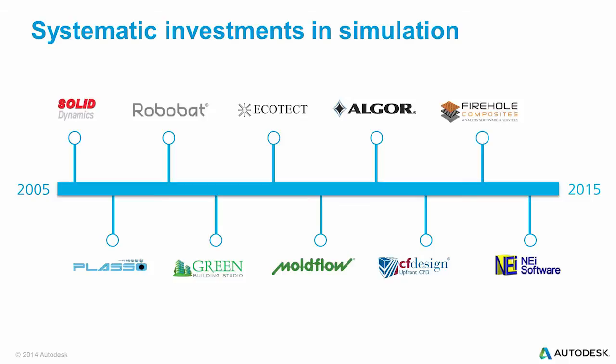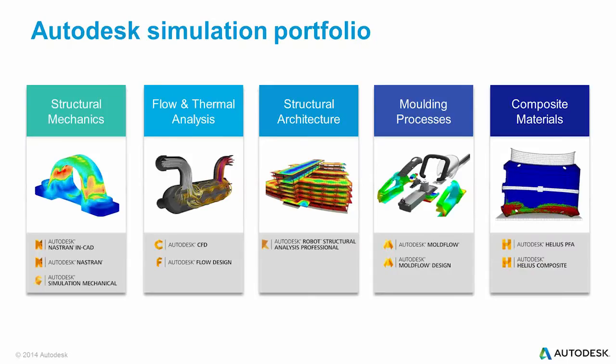Since then we've acquired companies like Algor, which is now the Simulation Mechanical product. We have CFD, composites, and NEI Software, the Nastran code, which was recently acquired 2 years ago. So this gives us a comprehensive portfolio of simulation products.